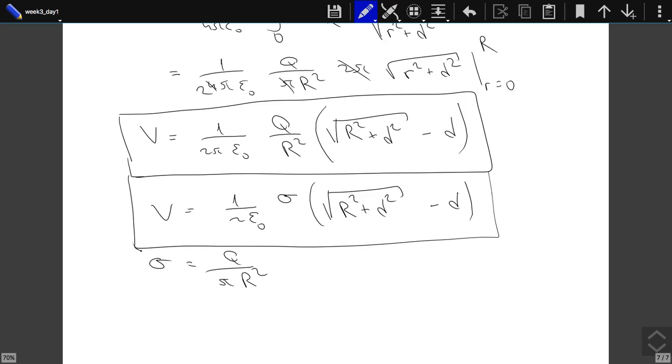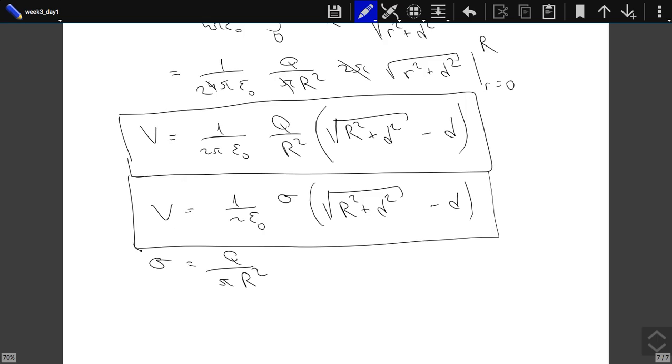Let's obtain the infinite limit, the potential of an infinite plane. But we have to change our potential reference point. In a sense, this is the potential difference between a point along the axis of our disk at a distance d from the center of the disk and a point at infinity.